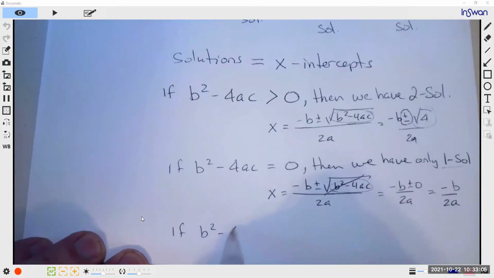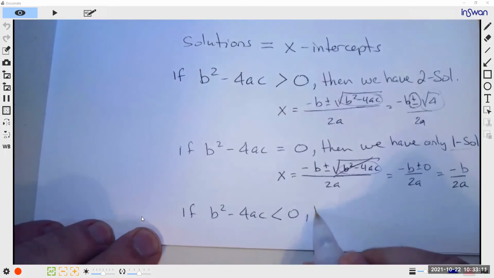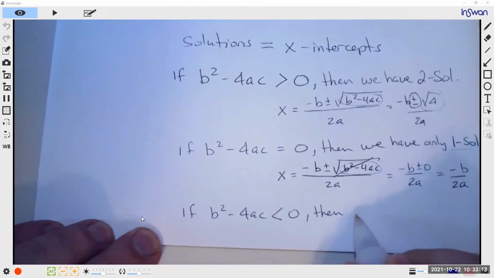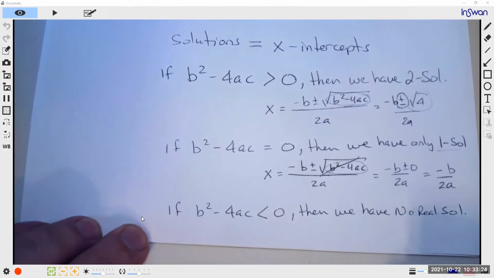If b squared minus 4ac is less than 0, meaning negative, then we have no real solutions.